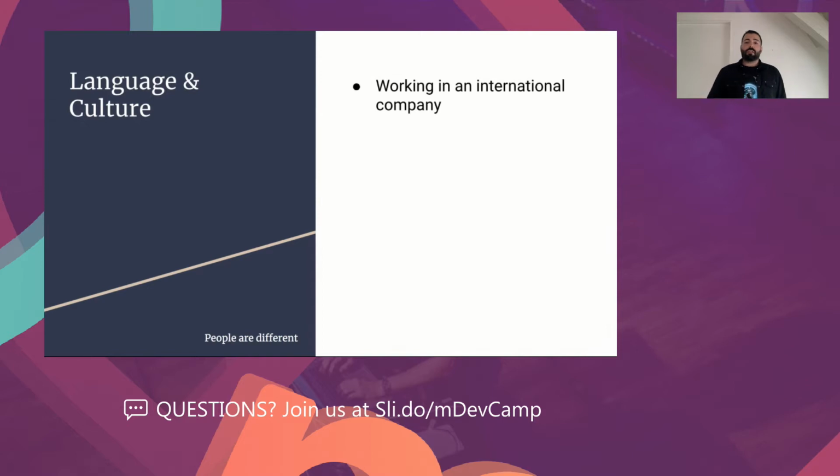And if you're working in an international company, which I really like, because every day you learn from different people, different cultures, and even just from different languages, the way that they say things brings up a different aspect, a different perspective, right? So if you're working in an international company, that means a lot of people have different languages to speak.